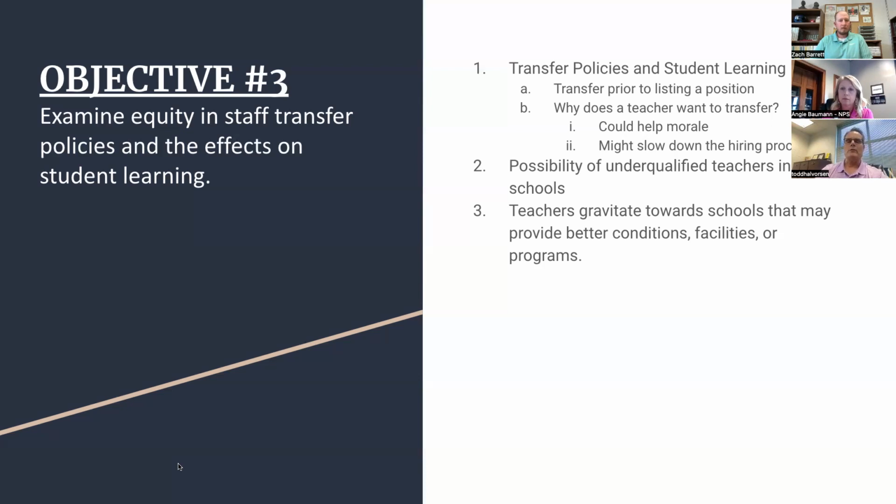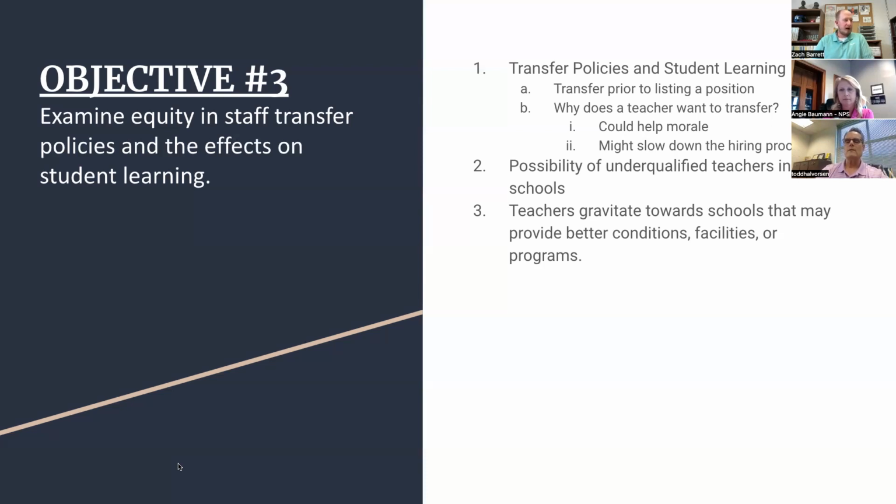What we do when we have an opening, kind of like this chapter talked about, is we put it on our school website and allow the present teachers to look into it, and then we make a decision from there, and then it goes live to whoever would like to apply for it. So you guys open it up to transfer first and then open it up to everyone?